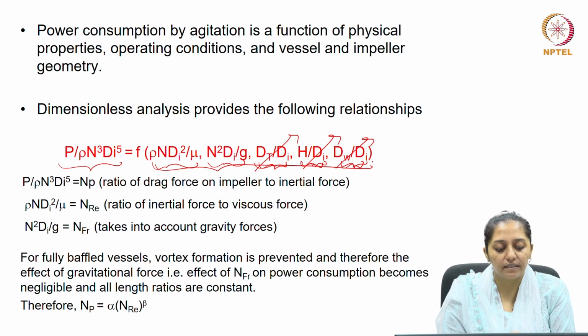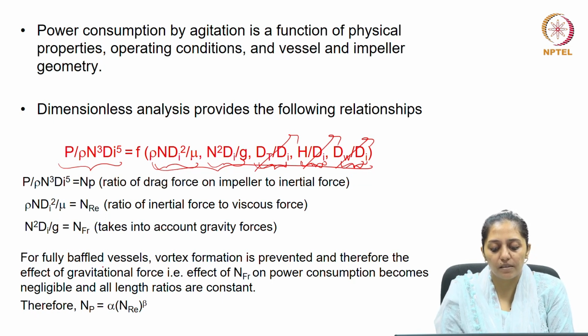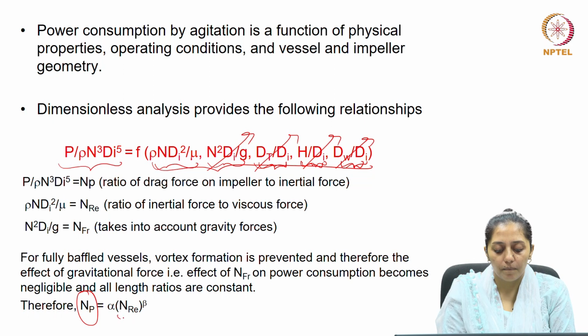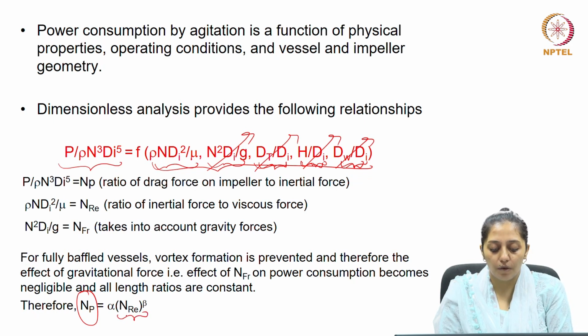So, we can neglect these, and for fully baffled vessels, we will assume there is no vortex formation. Further, the effect of gravitational forces, which is the Froude's number, on power consumption also becomes negligible. So, this is further neglected, and because, as I said earlier, the length ratios are constant, effectively the power number is found to be a function of the Reynolds number.